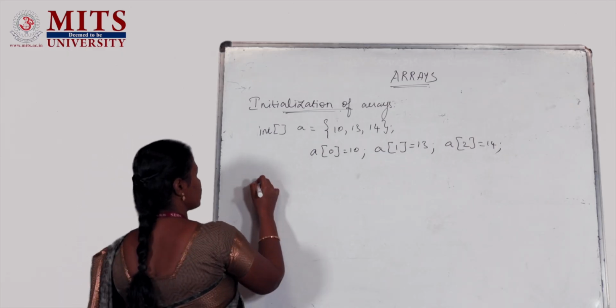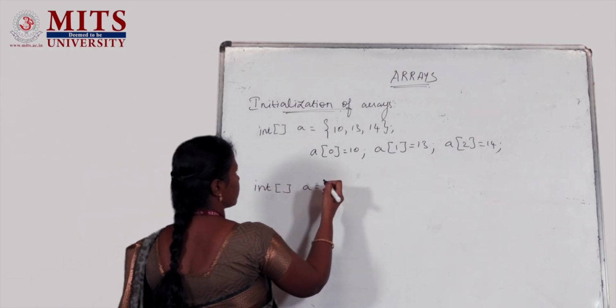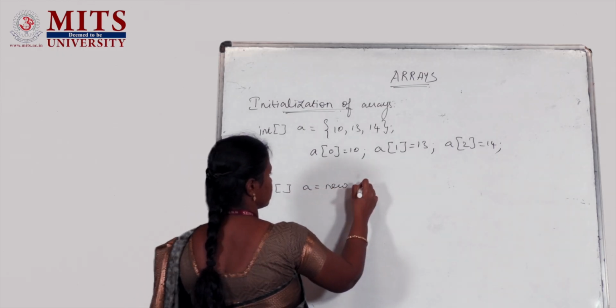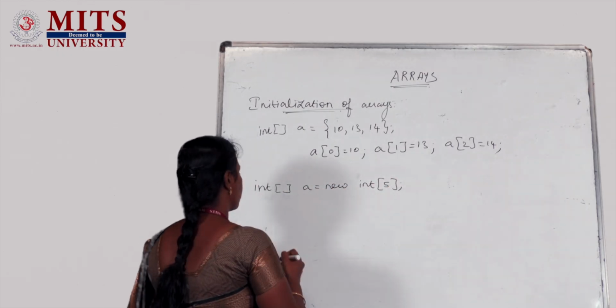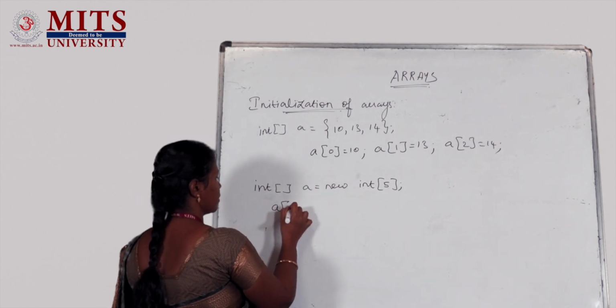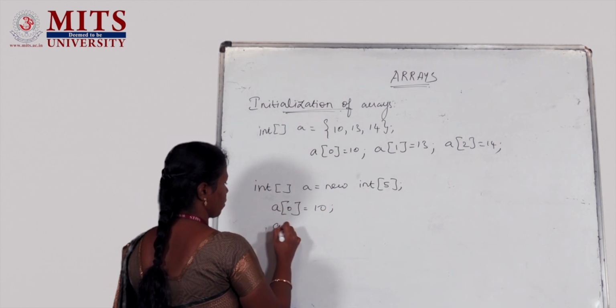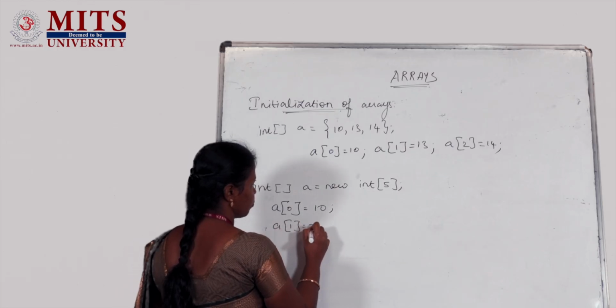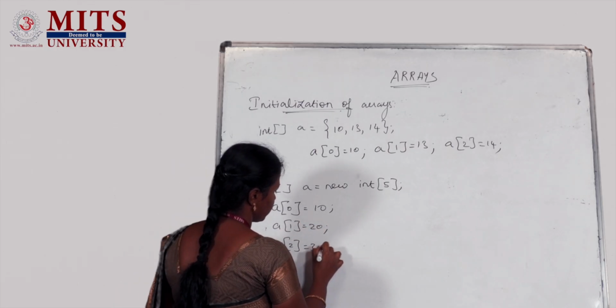The other way is, first we can instantiate it. Then we can also initialize the values of the array. A of 0 is equal to 10. A of 1 is equal to 20. A of 2 is equal to 30.